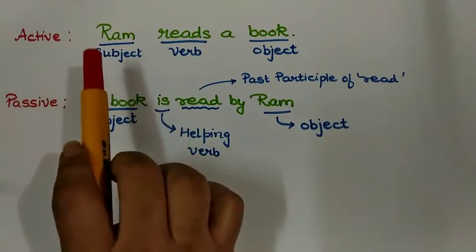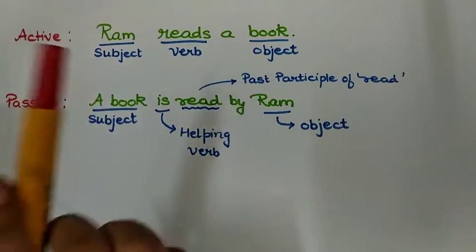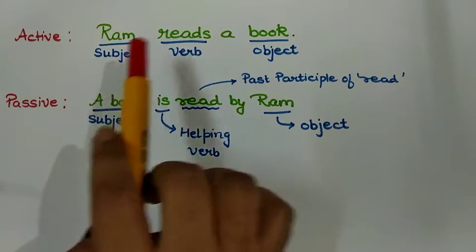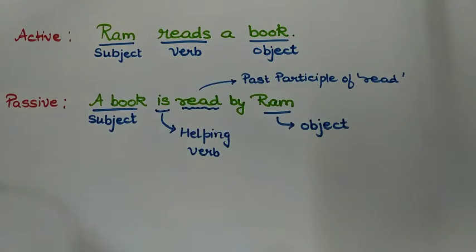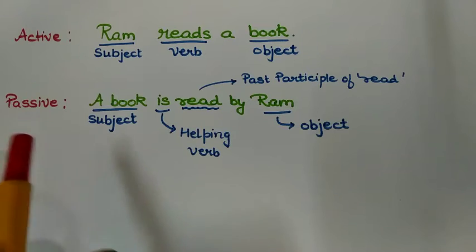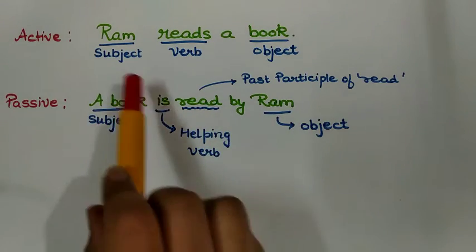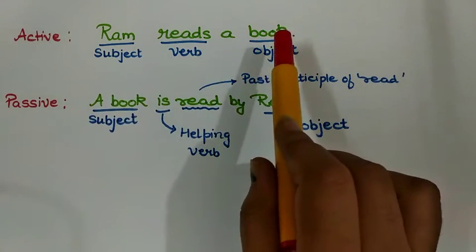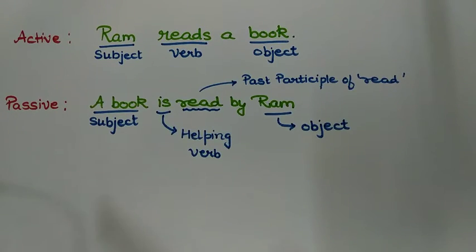See, Ram reads a book. This is an active voice, and Ram is the subject, reads is the verb and book is the object. When we convert this sentence into passive, it will become a book is read by Ram. Here, this book, which was an object in active, becomes the subject in passive. Then, is, because book is a singular noun, we have used is as the helping verb here.